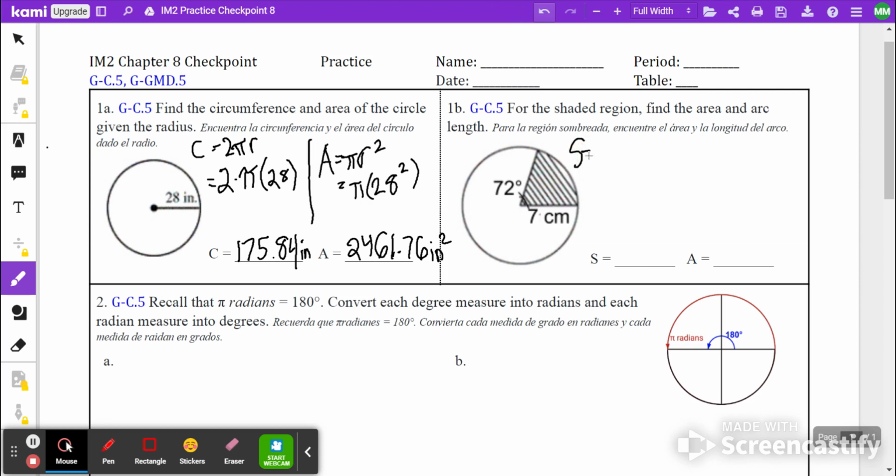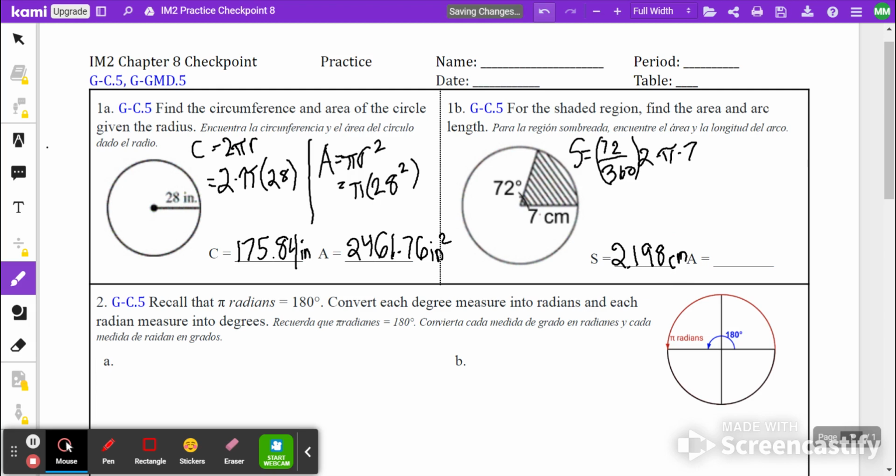So for the sector, I'll be multiplying 72 divided by 360 times, for the arc length, the circumference of the whole circle, which would be 2 times pi times my radius of 7, and I'm going to put that in the calculator. 72 divided by 360 times 2 times pi times 7, and that equals 2.198 centimeters.